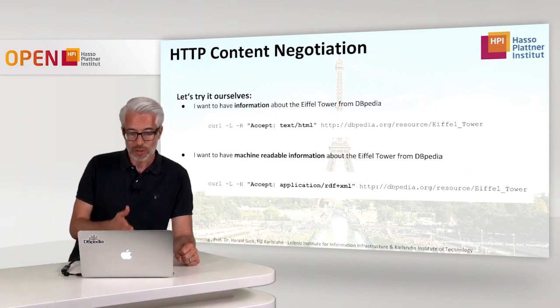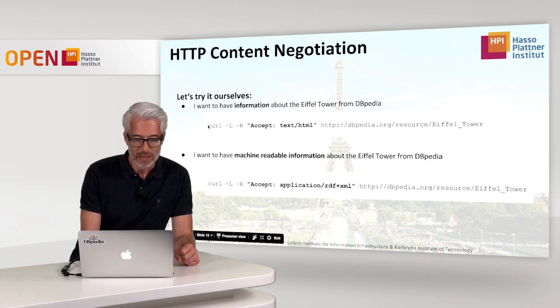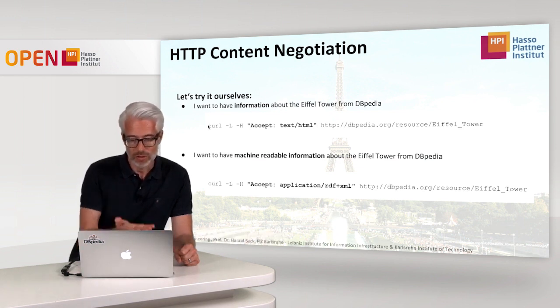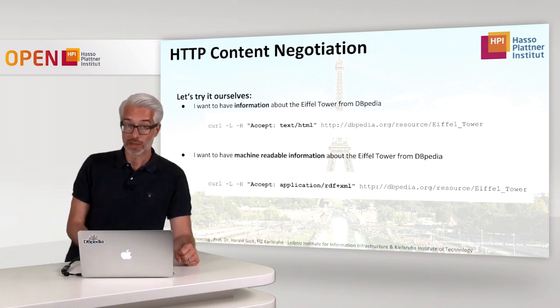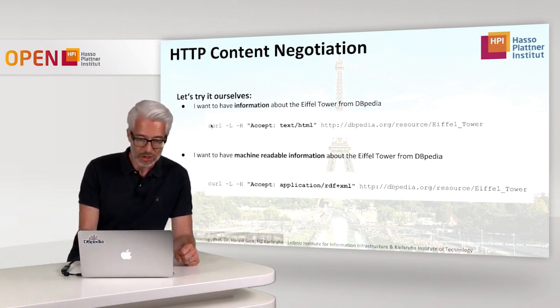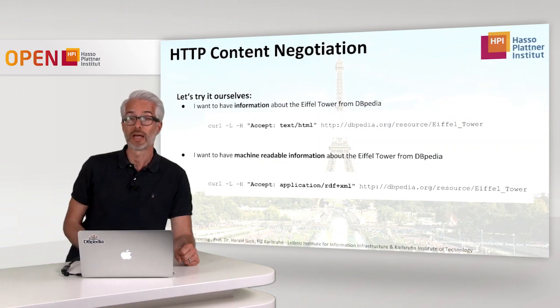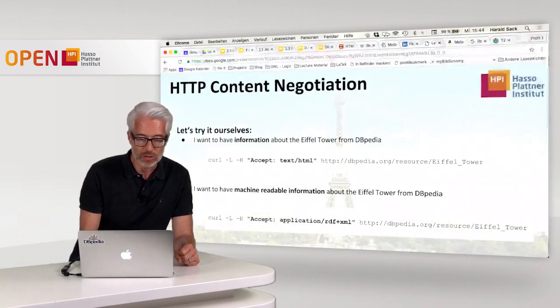So to summarize this, we can of course try it out. You can try it out at home with your own computer. What you need is a program like, for example, curl, which does nothing else but provide you an HTTP request to a web server, and we will try this out.